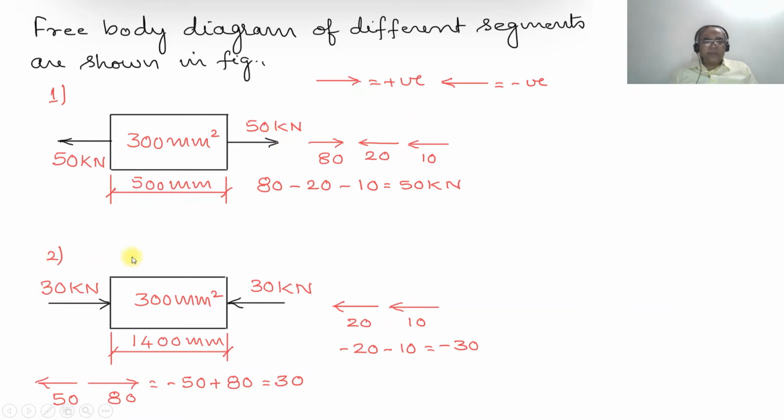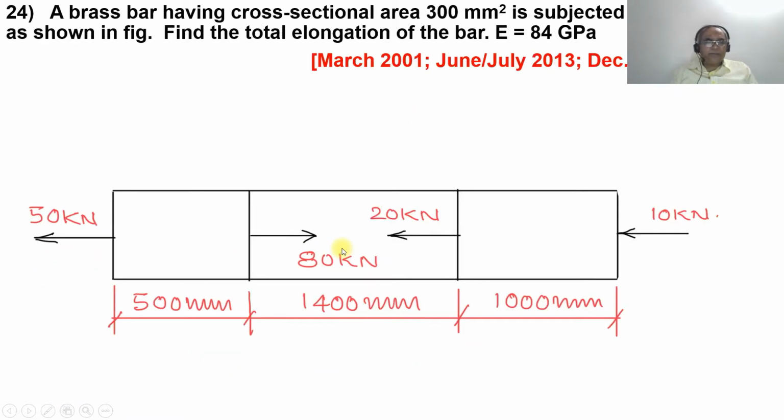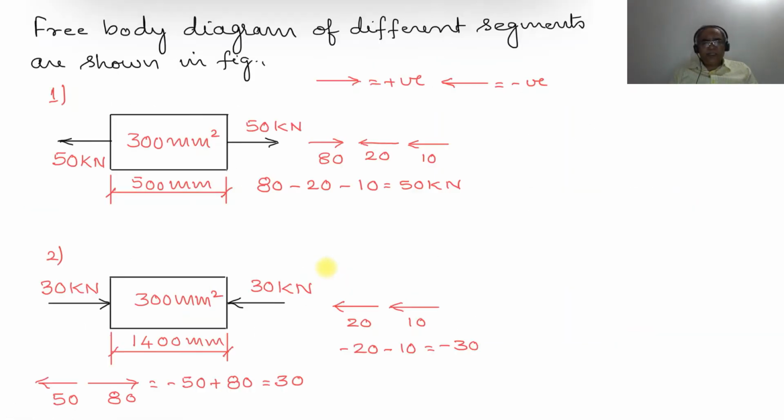Now when you come to the second segment, you have 50 acting towards the left side, and 80 acting towards the right side on the left-hand side of the second segment. And 20 kilonewton is acting towards the left side, and also the 10 kilonewton is acting towards the left side, which is on the right-hand side of the segment. To check this, you have minus 50 acting towards the left side, and plus 80 acting towards the right side. So minus 50 plus 80 is equal to 30.